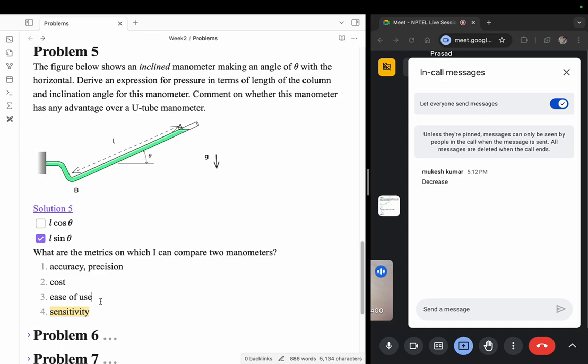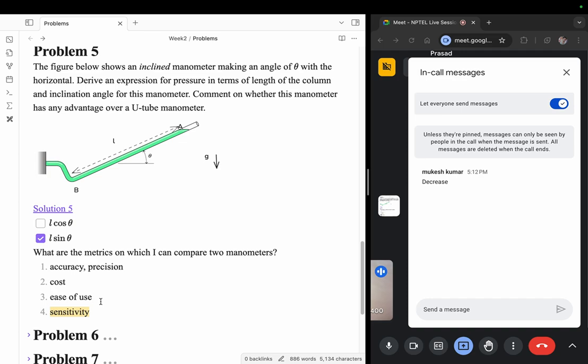If you want to measure something, it's like comparing with the least count of whatever you read. To put it simply, sensitivity is: if something changes by 1 unit, how much will your instrument show that change? So it is the change in output by change in input. Per unit change in input, the change in output indicated by that particular instrument is what we call sensitivity.